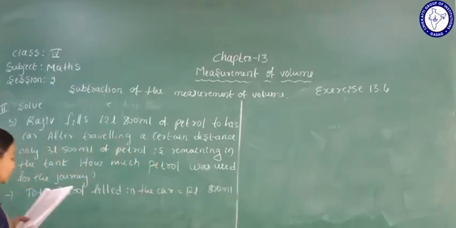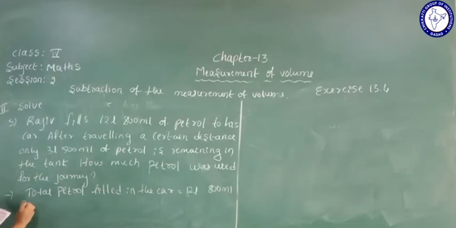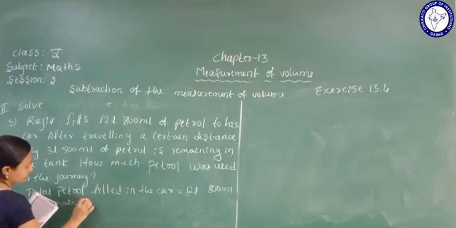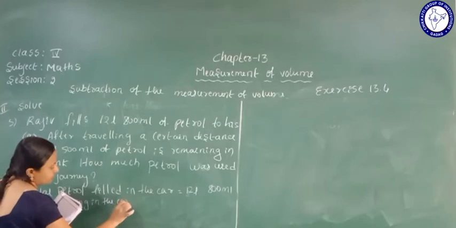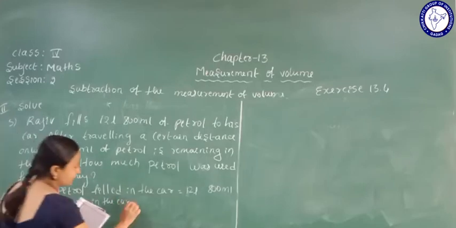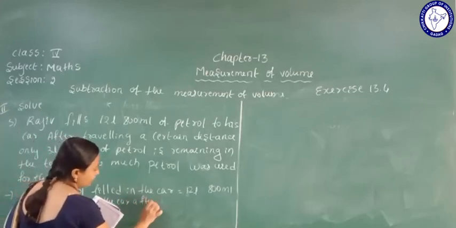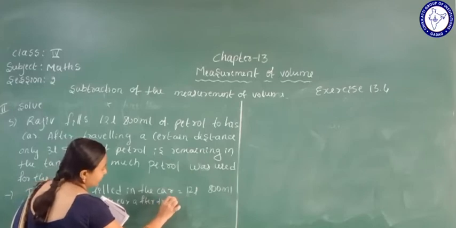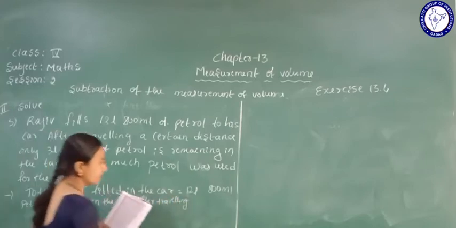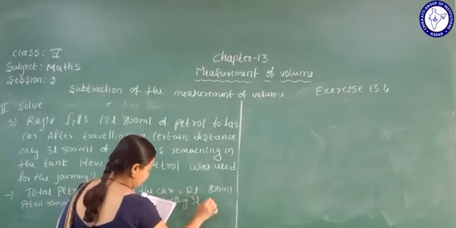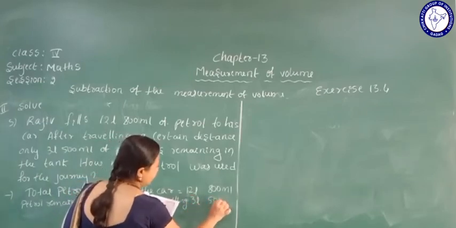Next, petrol remaining in the car after traveling is 3 liter 500 ml.